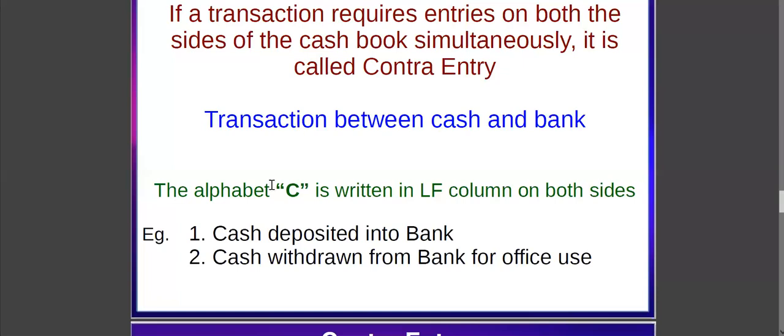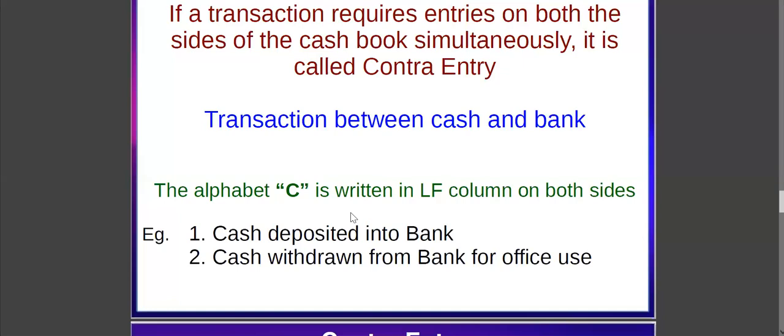With the help of this C we can identify it, because without this identification we cannot tell which is the bank transaction and which is the cash transaction separately. So we have to use this C, meaning contra entry.